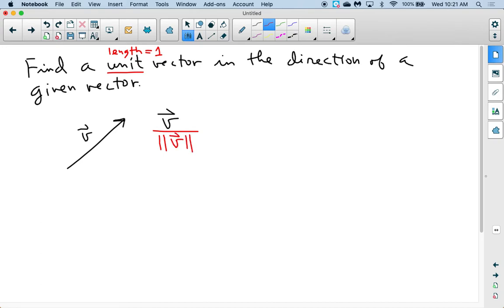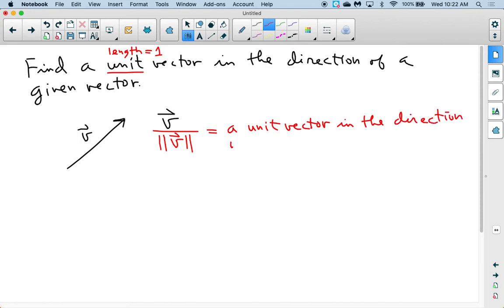All right? In other words, if v was 10 long, all I would have to do is divide it by 10. And I would get a vector in this same direction, okay? But with unit length. So this is equal to a unit vector in the direction of v.